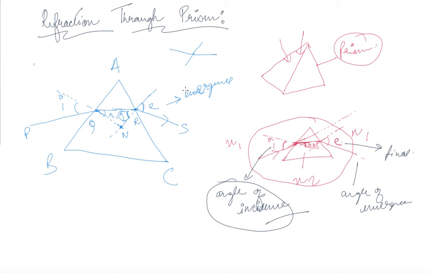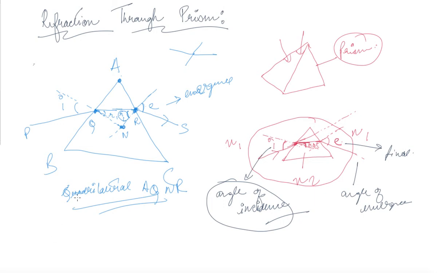So now if you look at the quadrilateral AQNR, this is a four-sided quadrilateral. Now we will be talking about this.